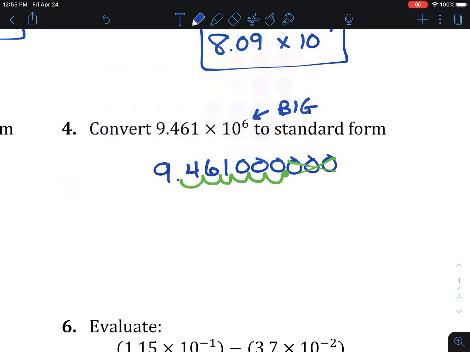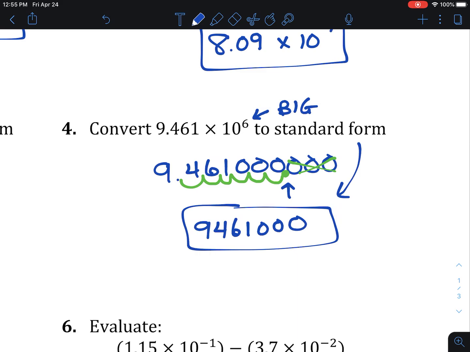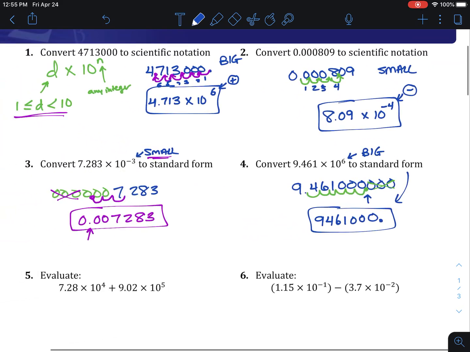There's the new location. The new decimal is not in between the 9 and the 4 anymore. So it's 9461000. That's our new number in standard form, how we normally see numbers. If you'd like to, put the decimal on the end, but you don't really need it there. That's how we convert between the two different forms.